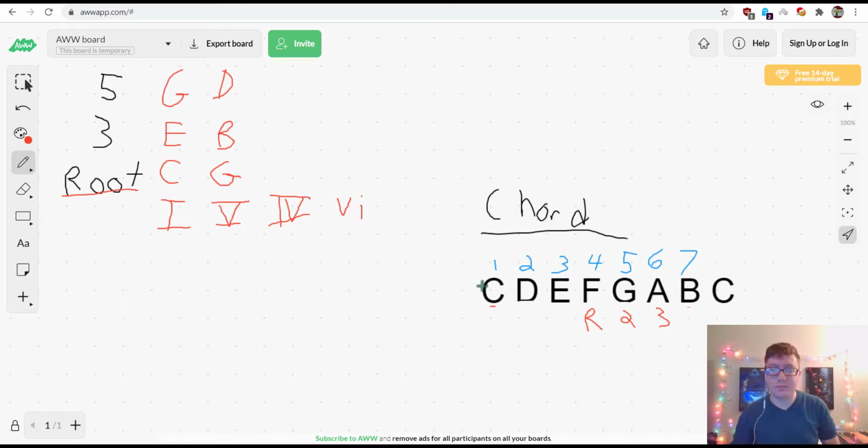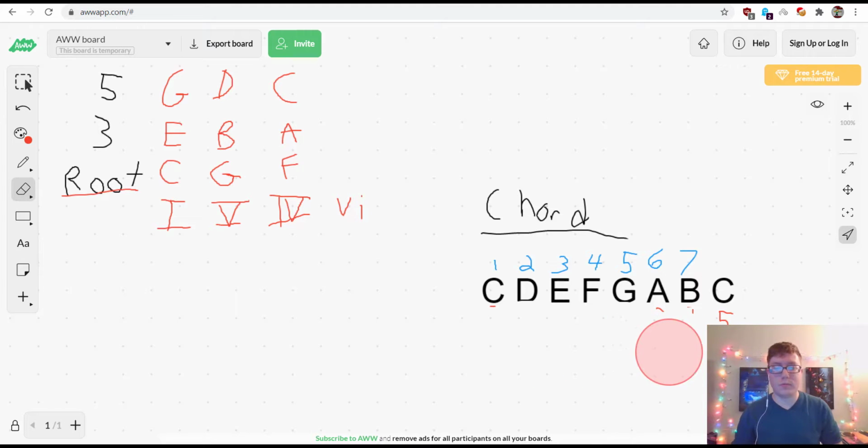We go up a third. And we go up to the fifth. F, A, C. That is going to be our 4 chord in this key signature that we're using.